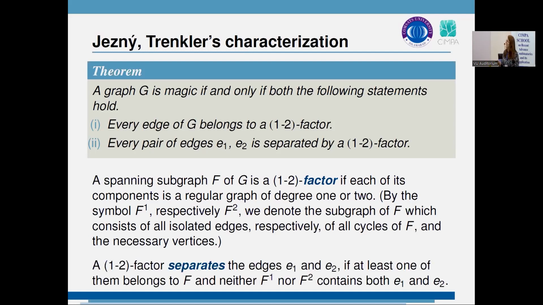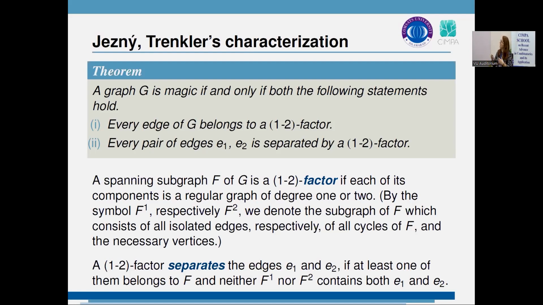What does it mean that two edges are separated by a one-factor? It means that only one of these two edges belongs to the one-factor, or if both belong to it, one is in a cycle and the other is an isolated edge of this factor.